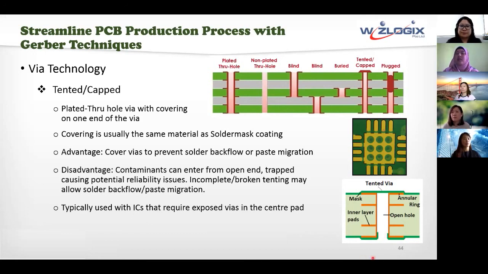So it can cause potential issues on the via barrel or via plating itself. If there's any possibility of the tenting being incomplete or broken, again, the solder can actually flow towards the end. So, like I said, it's typically used with ICs for an exposed large area on one end.